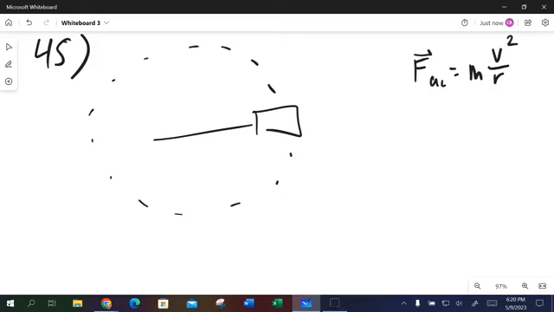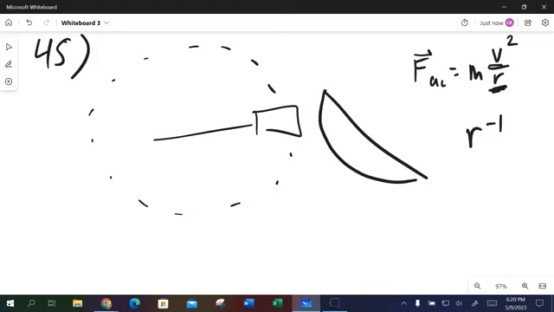So for the force exerted on the block by the string, as the radius gets larger, the force goes down. So we're going to have an inverse relationship, and it's not a straight line. It's going to be an inverse like this, because we have the v squared here, and this would be r to the negative first. We just plot this on our graph.